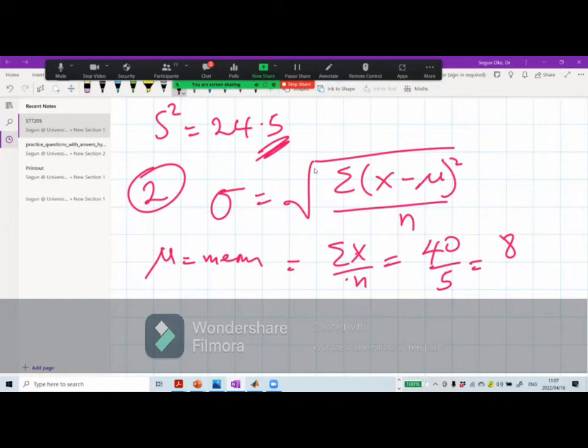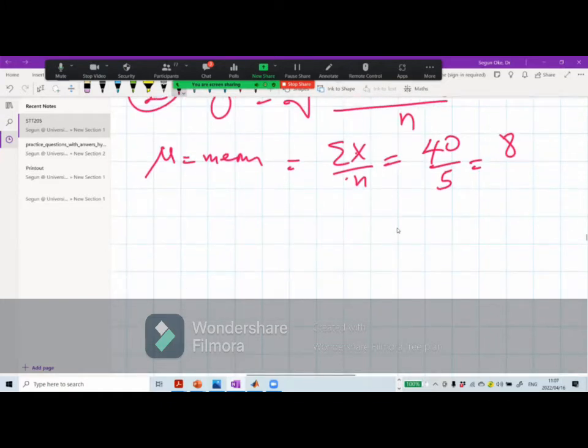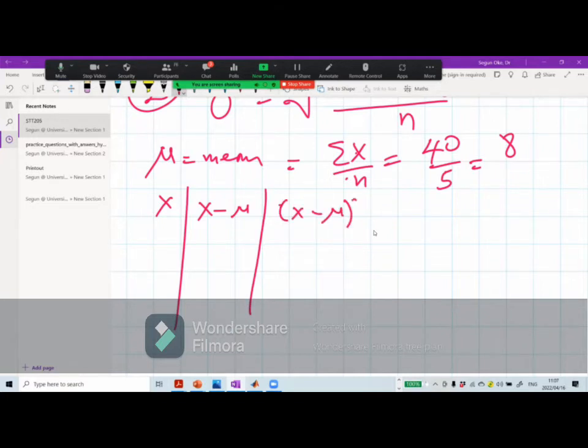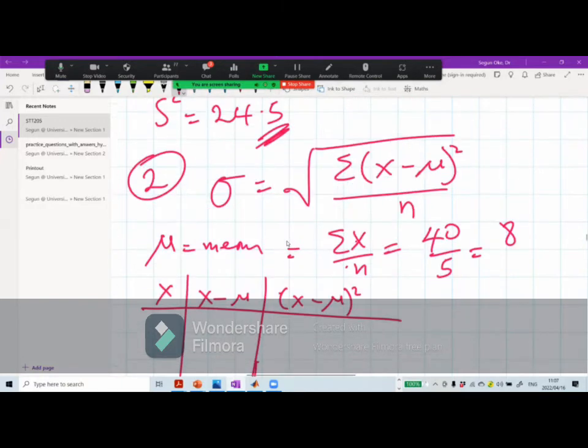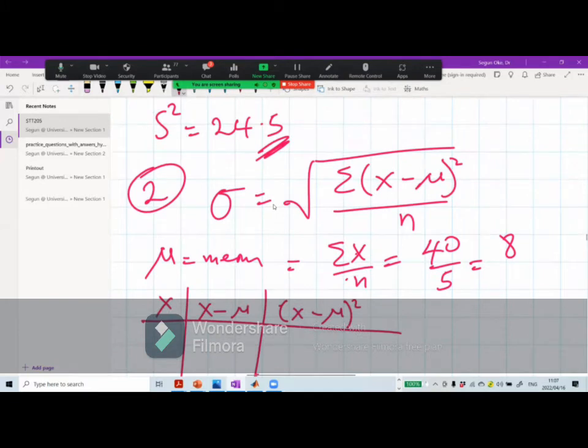So the difference is you can create the table: X, then X minus mu, then X minus mu all squared. Can we solve it by ourselves? Please do that on your own.